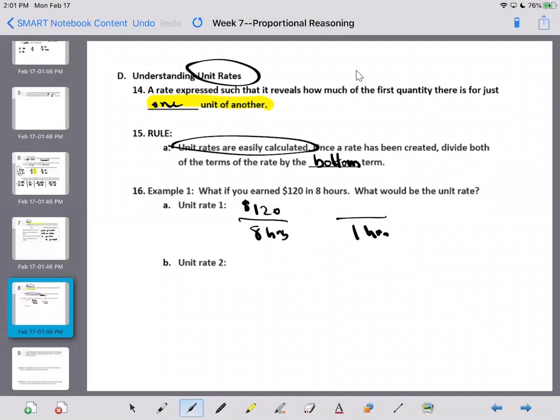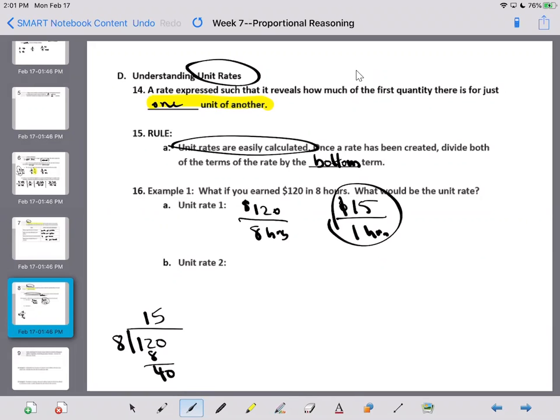So if you were just using division with this longhand, you could ask the students to divide: how many times will 8 divide 120? And we would see that that would be 15 times. So that would be $15 per 1 hour.